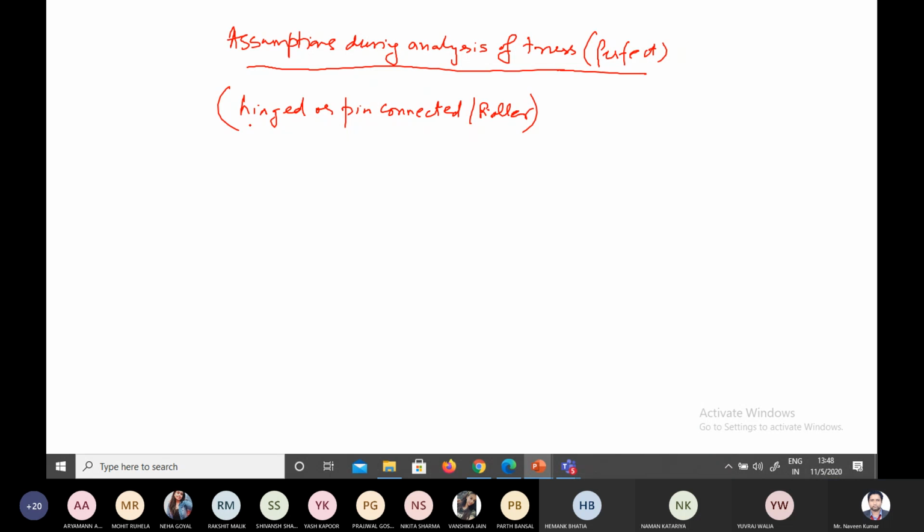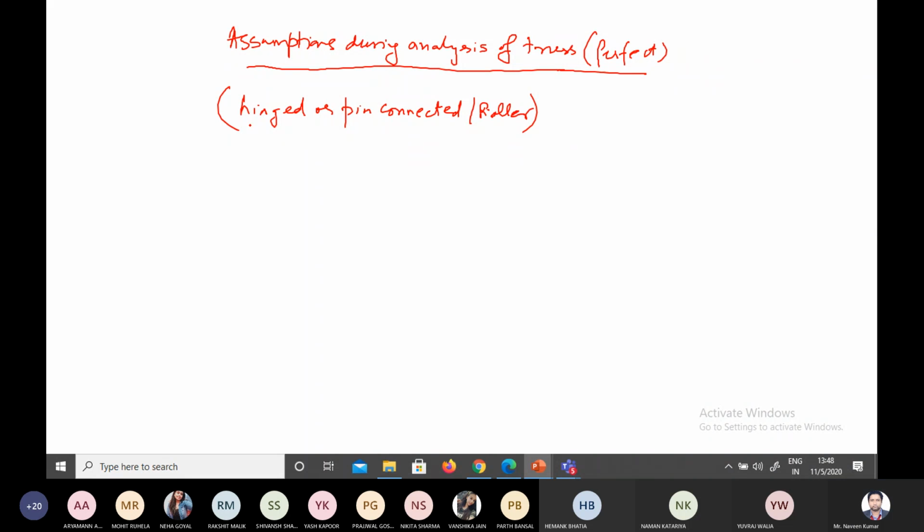Second point, loads and reactions are assumed to act only at the joints.